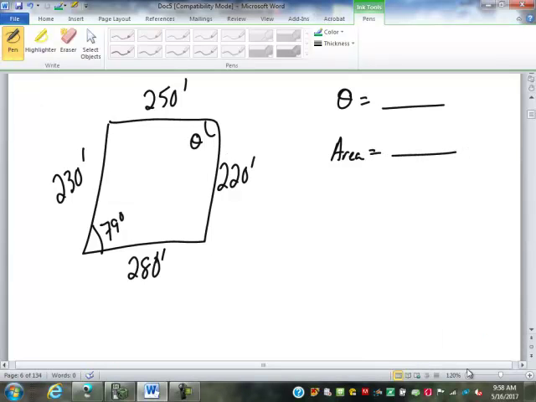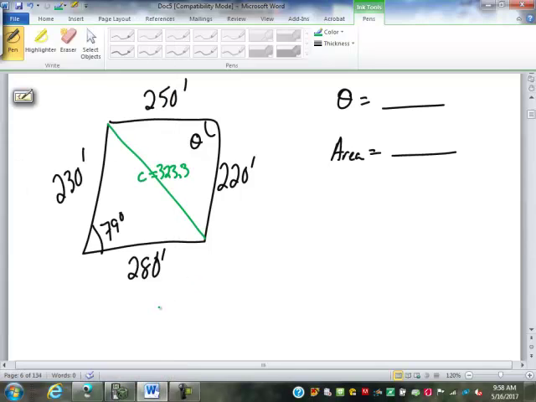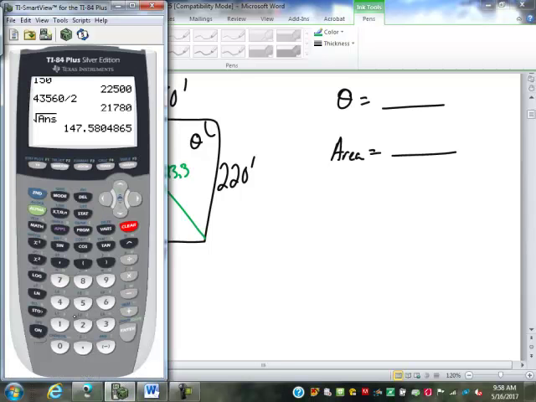Where do we cut it? Okay, what's the length of that green line? C. What's the length of C? I got 3, 2, 3. I got something different. I got 1, 2, 6. Well, let's see what I get. Okay. 230, 280, 79. Okay.